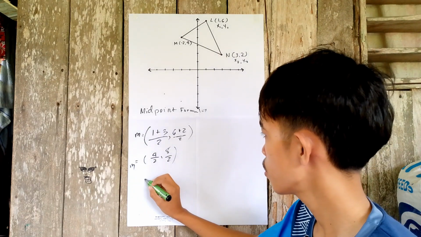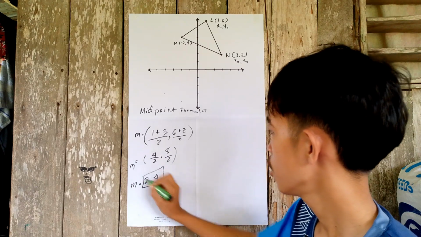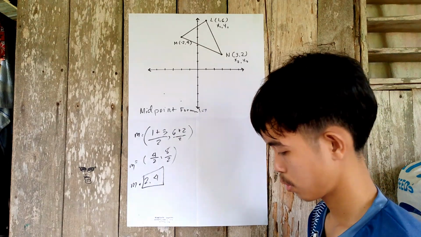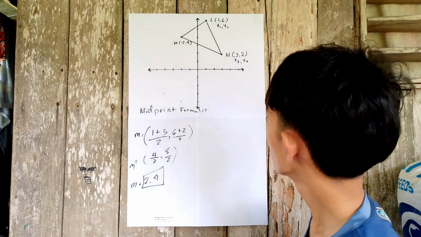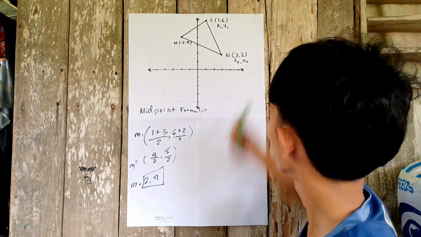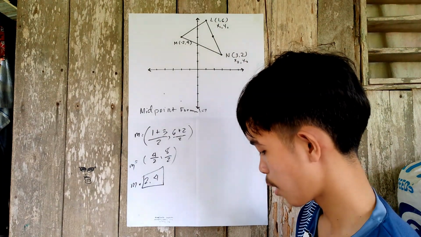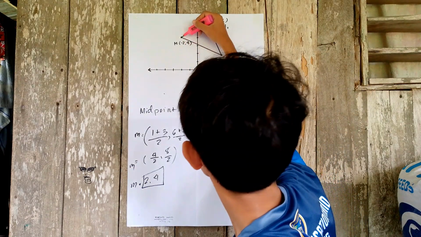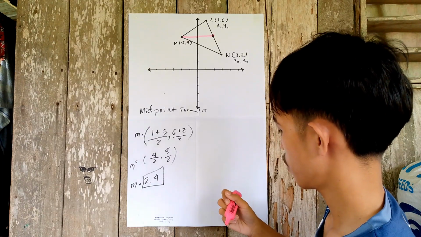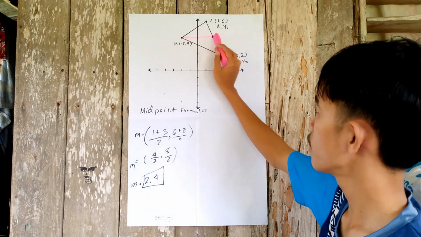So 4 divided by 2 is 2, and 4. So our midpoint is 2 and 4. So 2 and 4 is here. So this is now our midpoint, and this is now our median of the triangle.